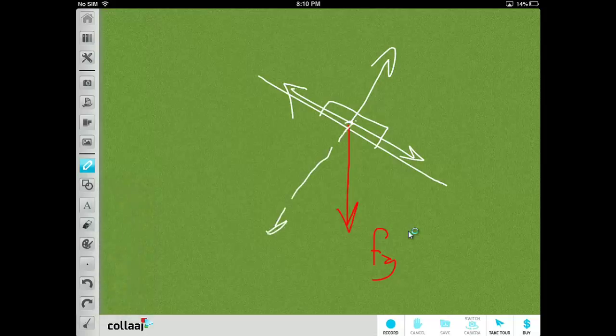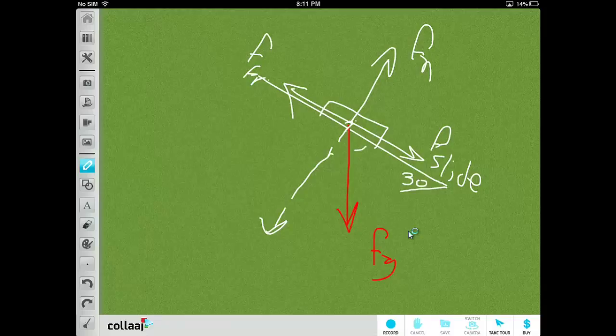You can make it a dotted line. So the inclination angle is 30. So not the near one, it is the far one. This is the 30 degrees.